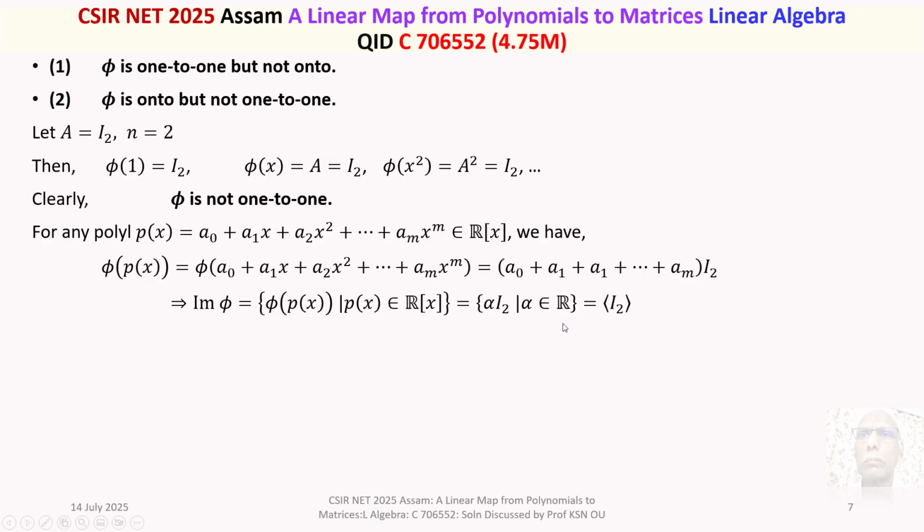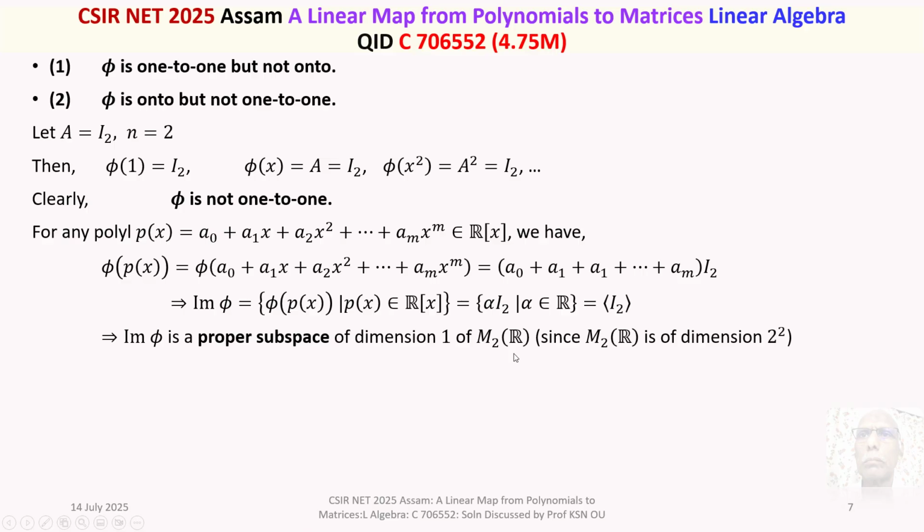It is generated by I_2. So, the image of phi is a subspace of M_2(R), and it is generated by I_2. That means its basis is the singleton set {I_2}. Its dimension is 1. So, the image of phi is a subspace of M_2 over R.